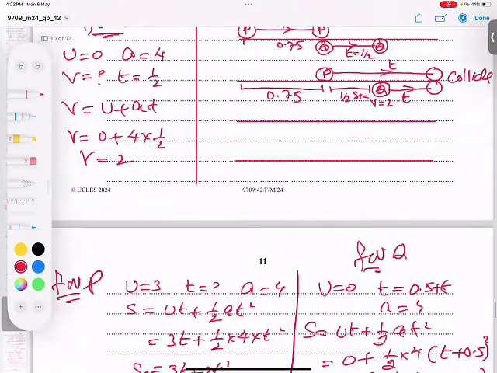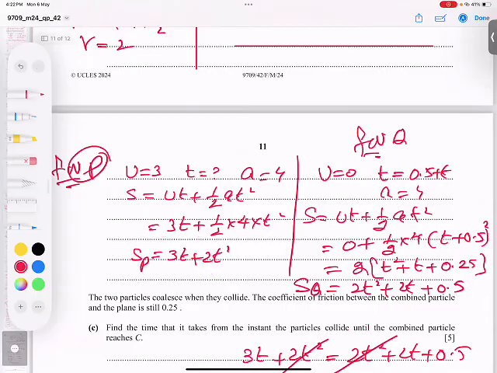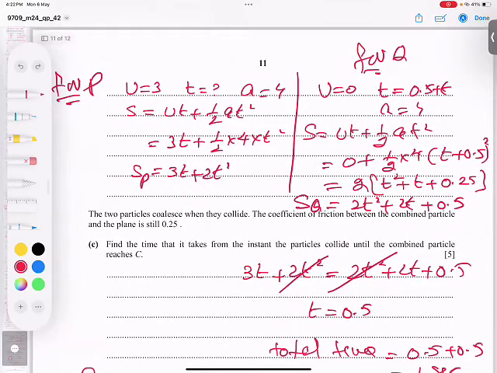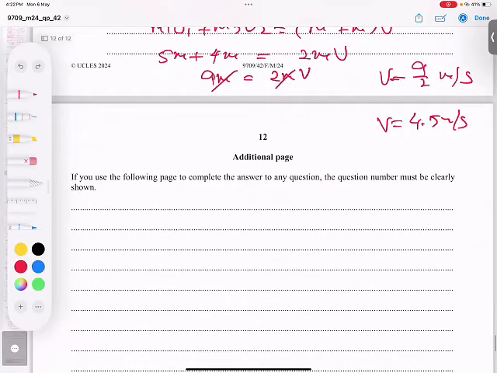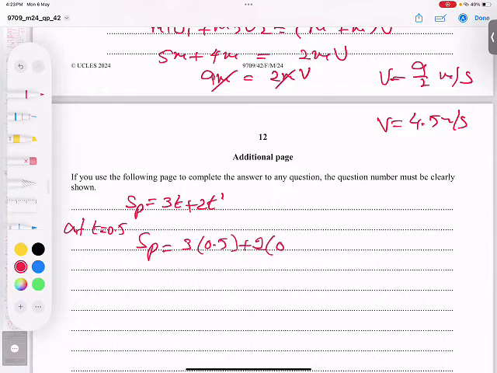For that collision, if I plug in 0.5 in this formula for particle P, at time t equals 0.5, how much is S? 3 times 0.5 plus 2 times 0.5 squared, I'm getting 2 meters.